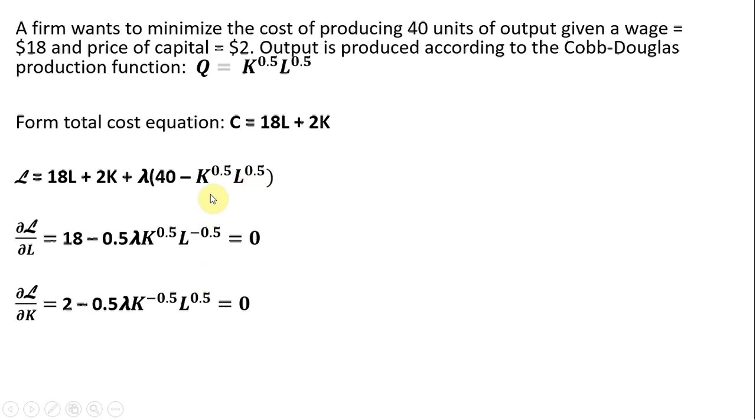So as before, we're going to take this 0.5 down in front of the K. That's now going to be multiplied through by this lambda. And then K raised to the 0.5 minus 1 leaves us with this result. Once again, setting this partial derivative equal to 0. And our last partial derivative is with respect to lambda, and we just get back what's in parentheses.